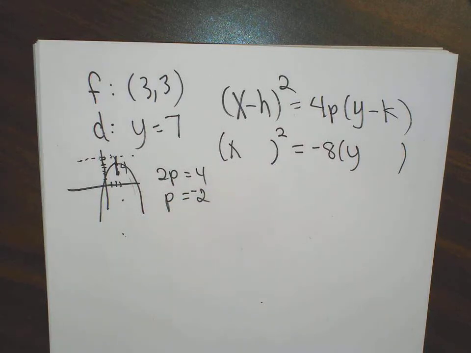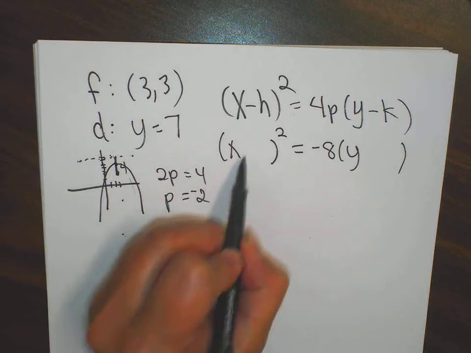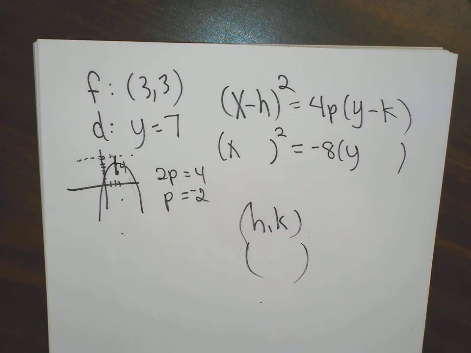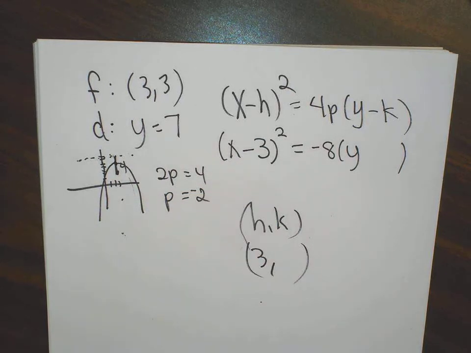What else do we need to figure out? The vertex. From the focus, if this is x dominant, will the x have to do any work? No, they're bossing the y around. So the x is going to stay as what? 3. And so that's x minus 3. And how do I get k?